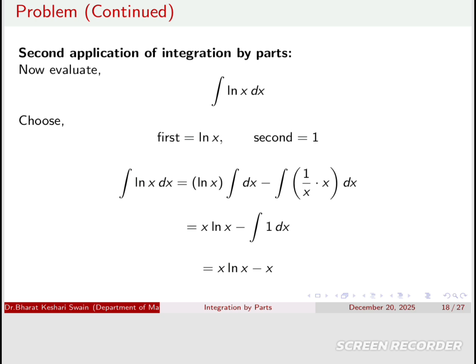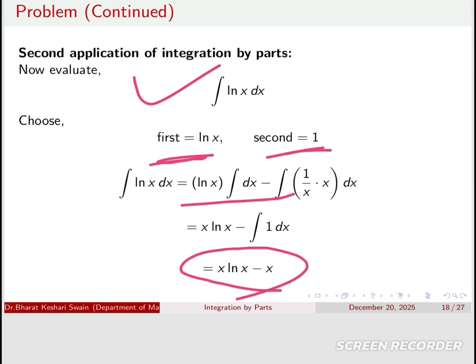How? Integration of ln x dx: choose ln x as the first function. Already we have done this in the previous problem. Take 1 as the second function and as per the usual formula we will get x ln x minus x.